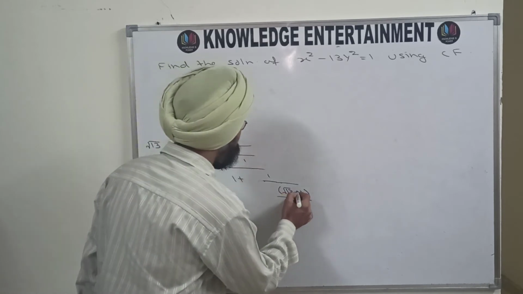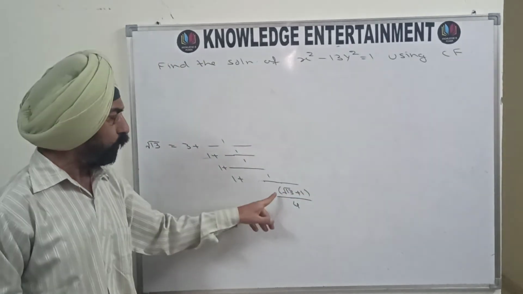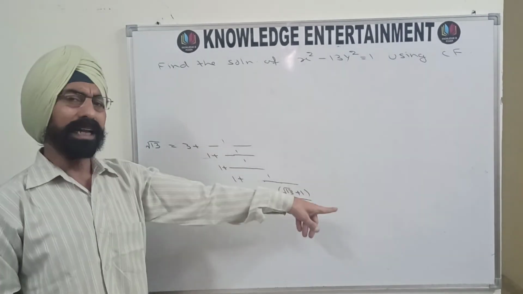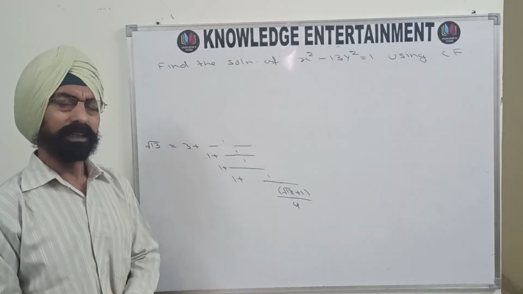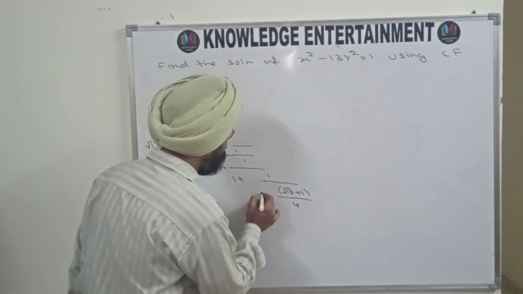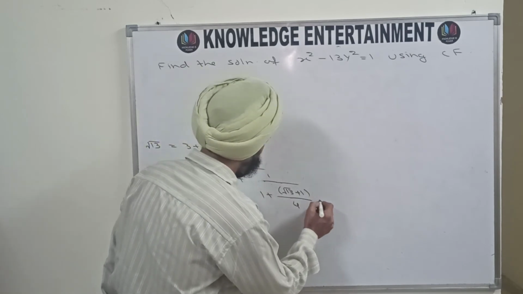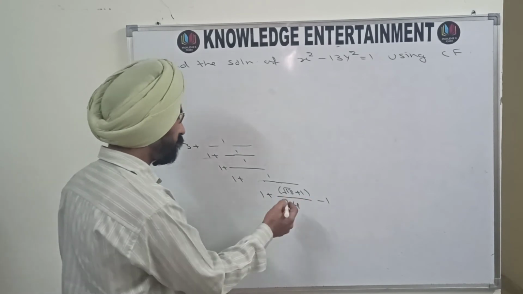Under root 13 means 3 point something, 3 point something plus 1 is 4 point something. 4 point something divided by 4 means 1 point something. So once again, you will get 1 here, plus, minus 1. The process will be continued.